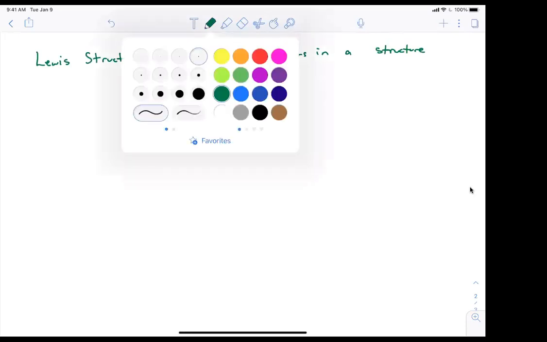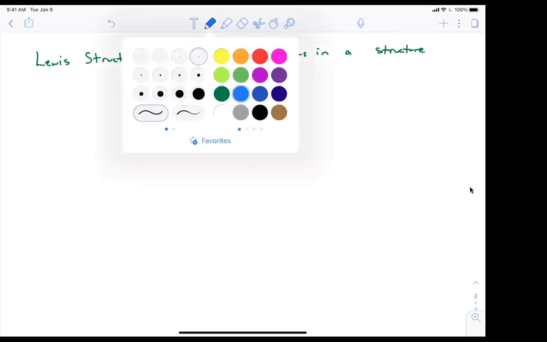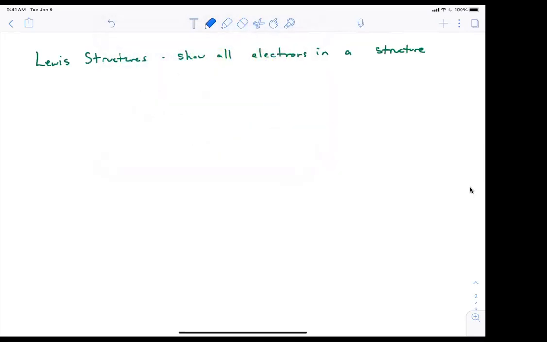And so here's how I do Lewis structures, okay? There are two things that I do, okay? One, I'm going to kind of dub these terms. These aren't technical chemistry terms, but I want to assign this.